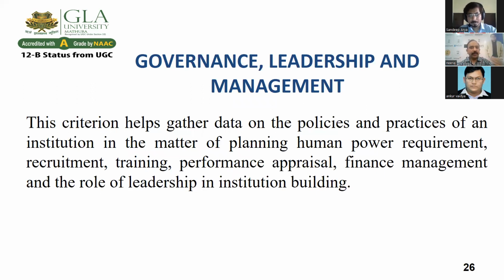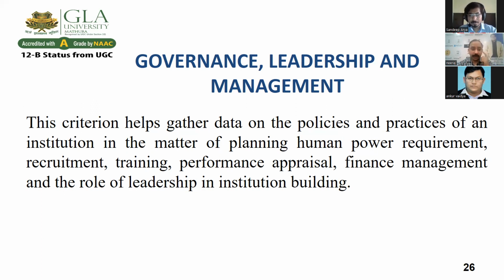I discussed earlier that there are two types of metrics: one is qualitative, another is quantitative. I'm not talking about 100%, but yes, majorly qualitative metrics are included in criteria 6 and criteria 7.